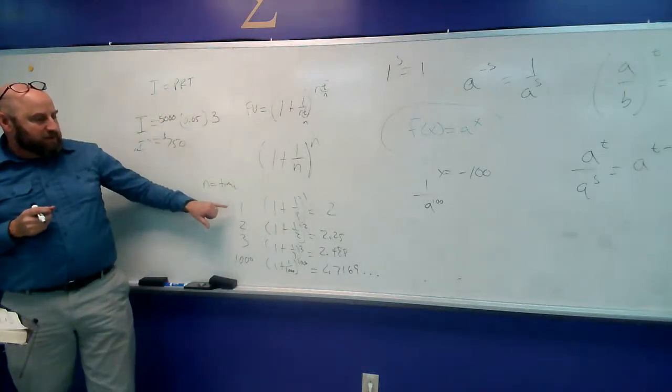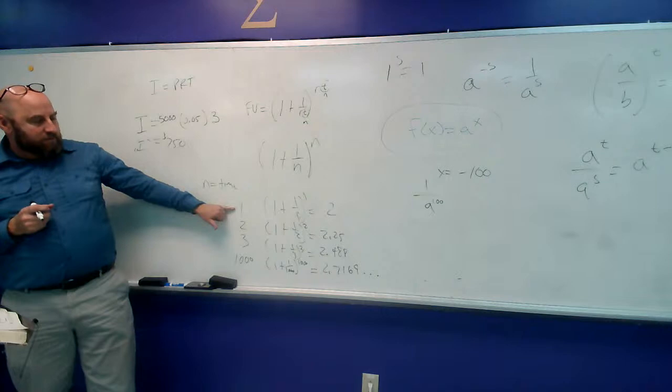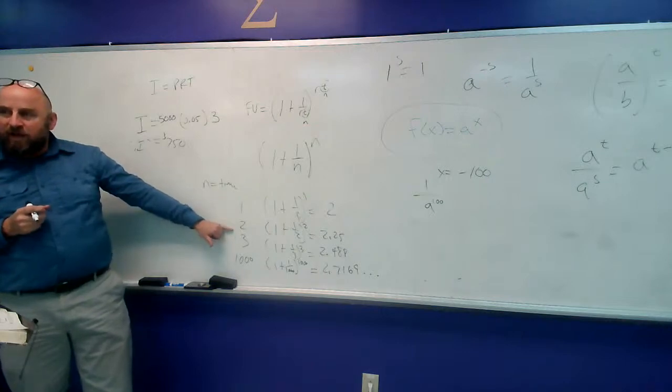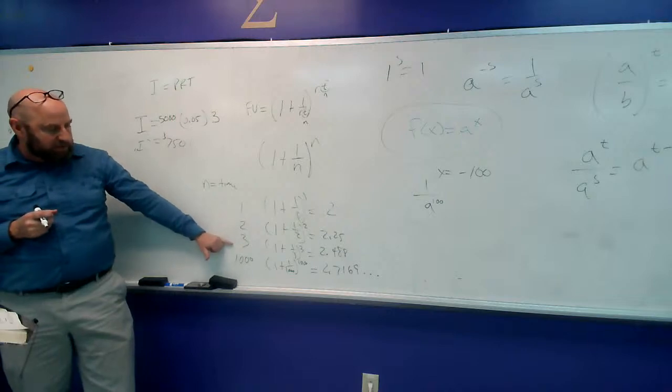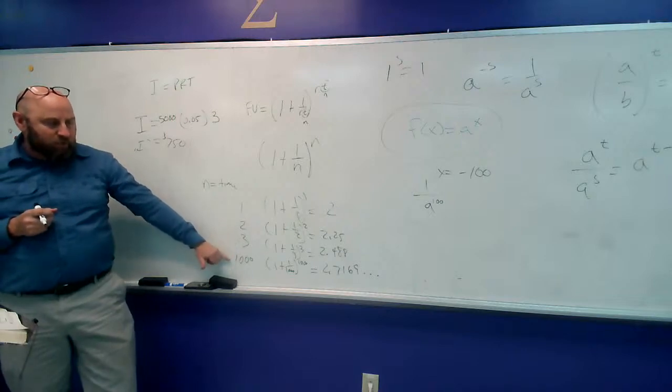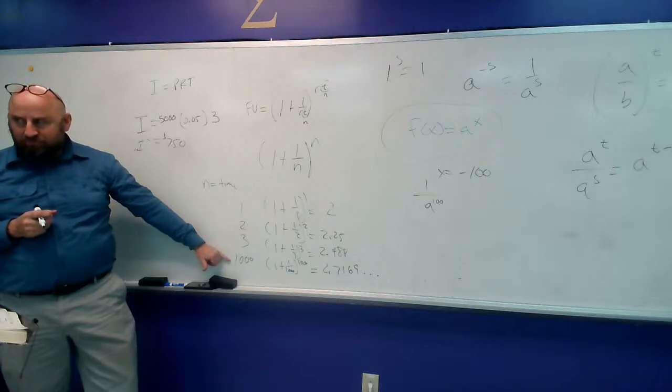Now, from 1 to 2, we have a little bit of an increase. 2 to 3, a little bit less of an increase. From 3 to 1,000, that's a surprisingly small amount of increase, right? Okay.